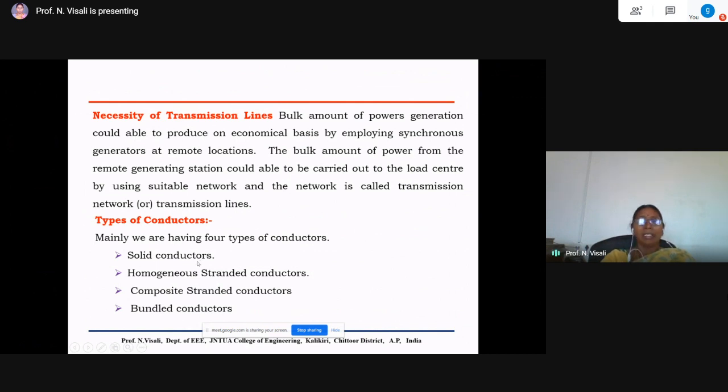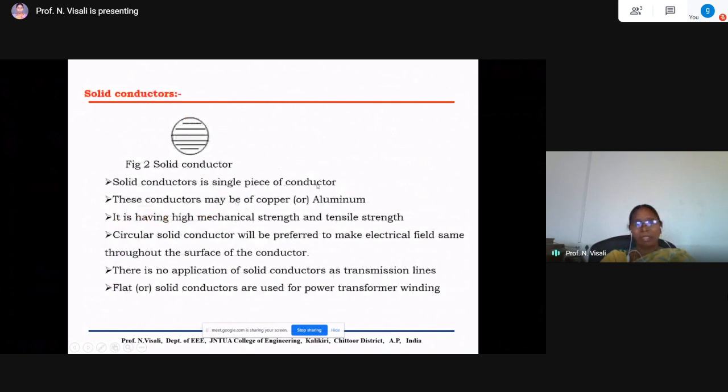Here, solid conductors. A solid conductor is basically homogeneous. It is only a single piece of conductor, and it is in a circular shape. Generally, conductors are always considered circular because of many advantages. These conductors may be of copper or aluminium, with high mechanical strength and tensile strength.